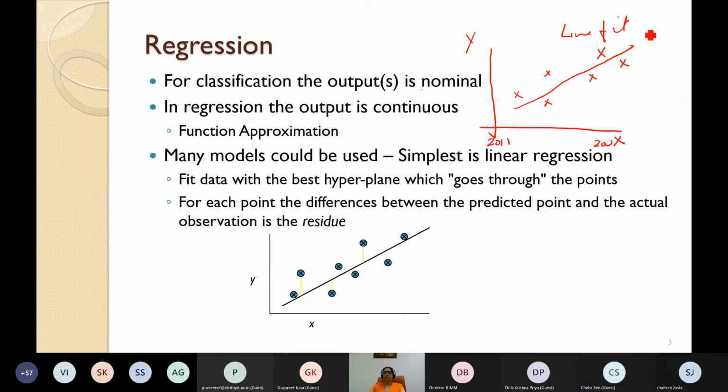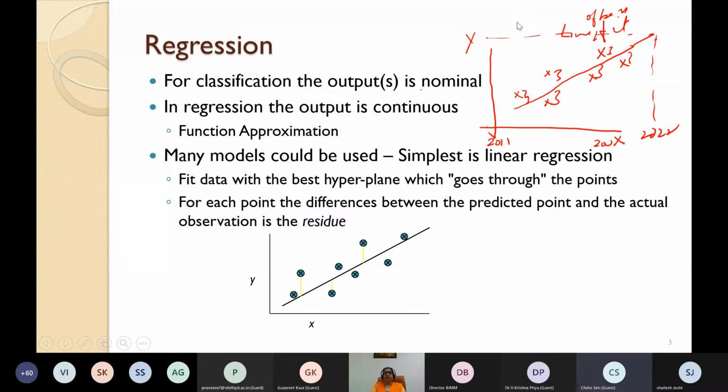Now what is the line of best fit? It tries to minimize the error. So this is the error, and I can even extrapolate it to know the demand for 2022 using this particular line.